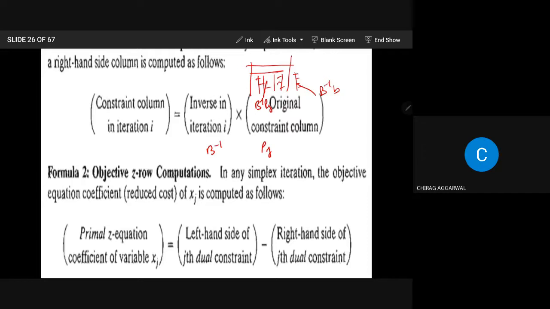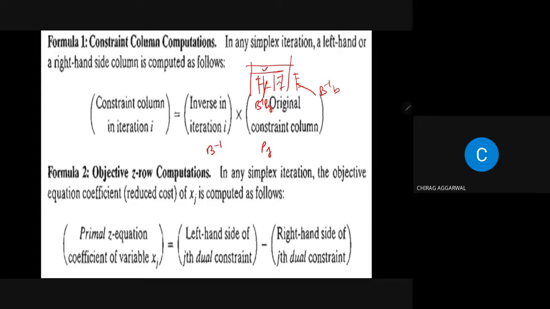Now here we have formula 2, objective z row computation. How can we write the entries of this row?